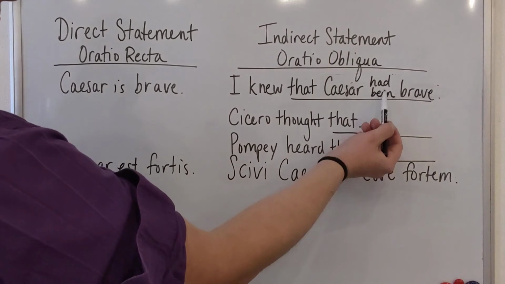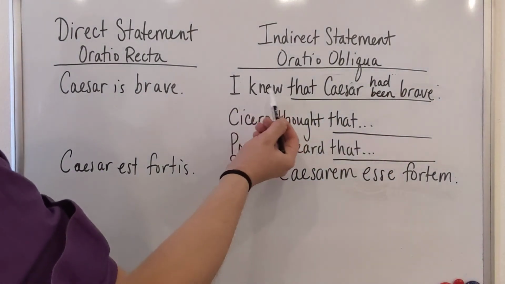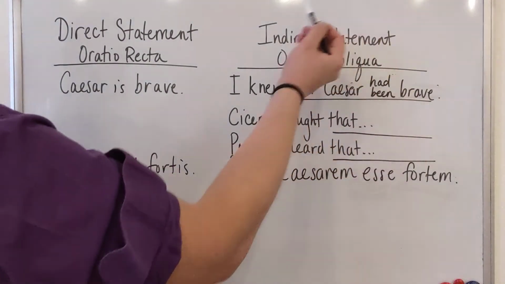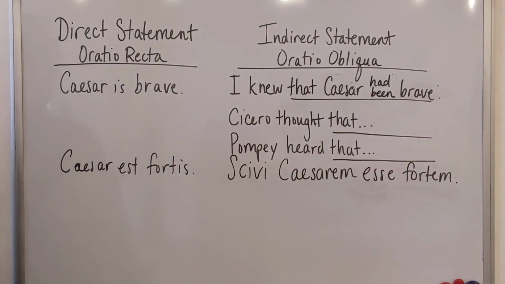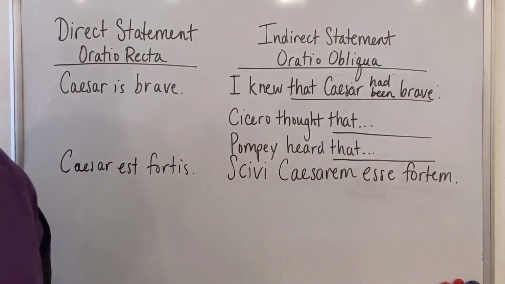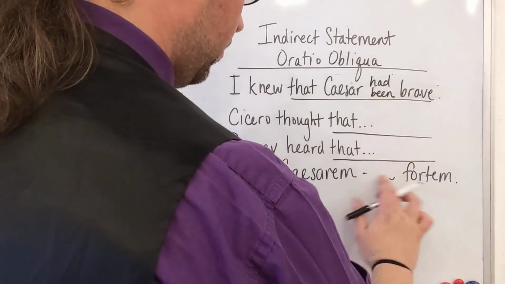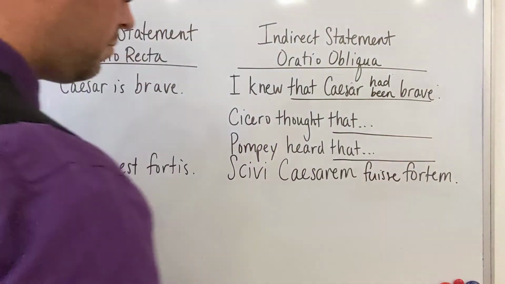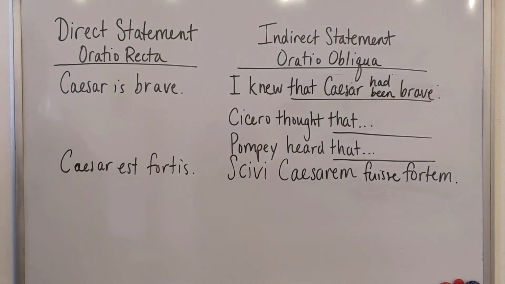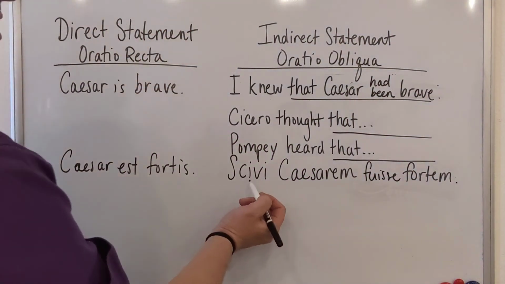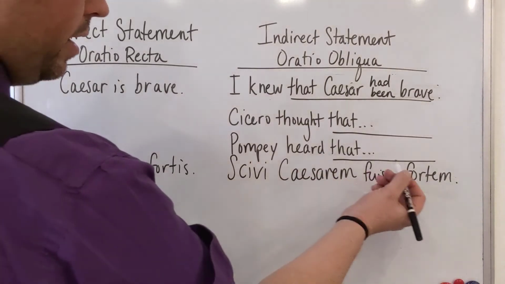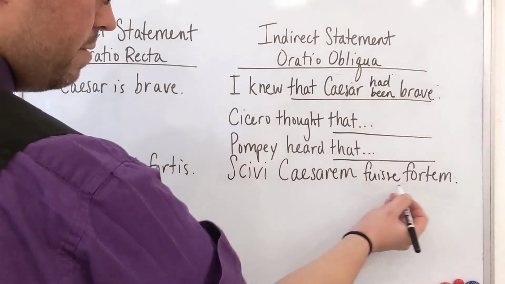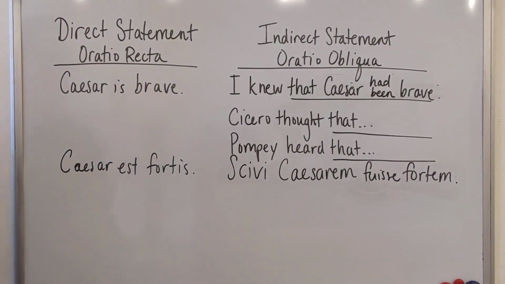This action happened before this one. I don't care if this one action happened in the past. This action happened before this one. So it's prior. We want this to be the perfect tense. Scivi Caesarem fuisse fortem. I knew that Caesar had been brave. Caesar being brave happened prior to or before me finding out about it.